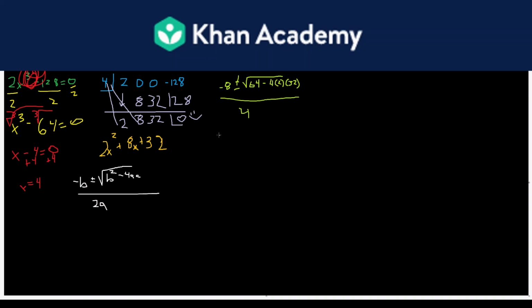Now we can simplify this to get negative 8 plus or minus the square root of 64 minus 256, which is all over 4. Simplify that further, you get negative 8 plus or minus 8i root 3 over 4.